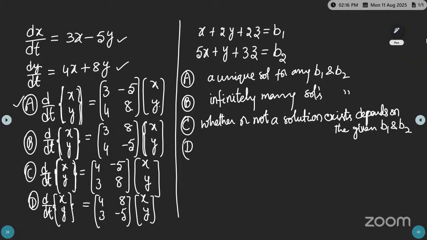Option D, the system would have no solution for any values of b1 and b2.